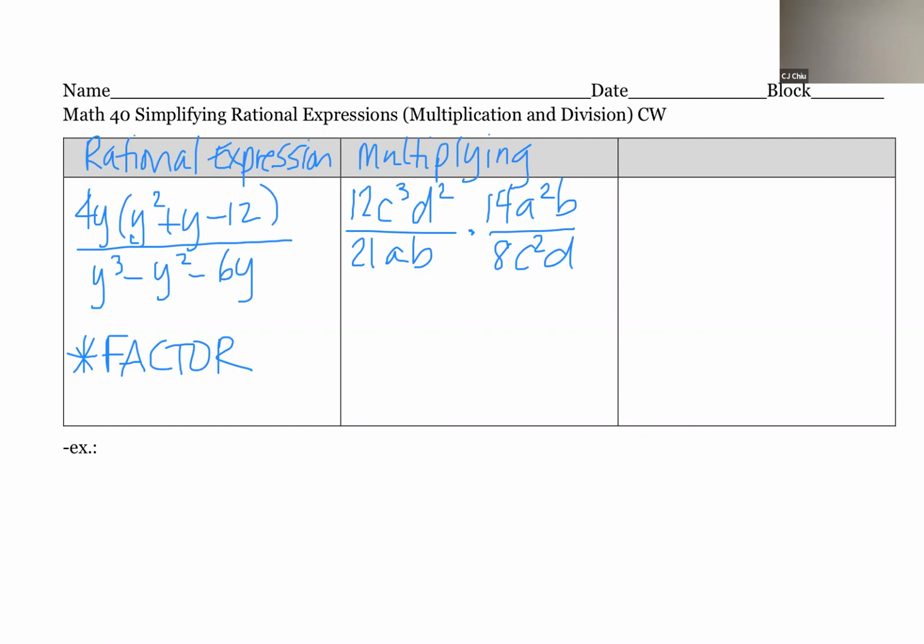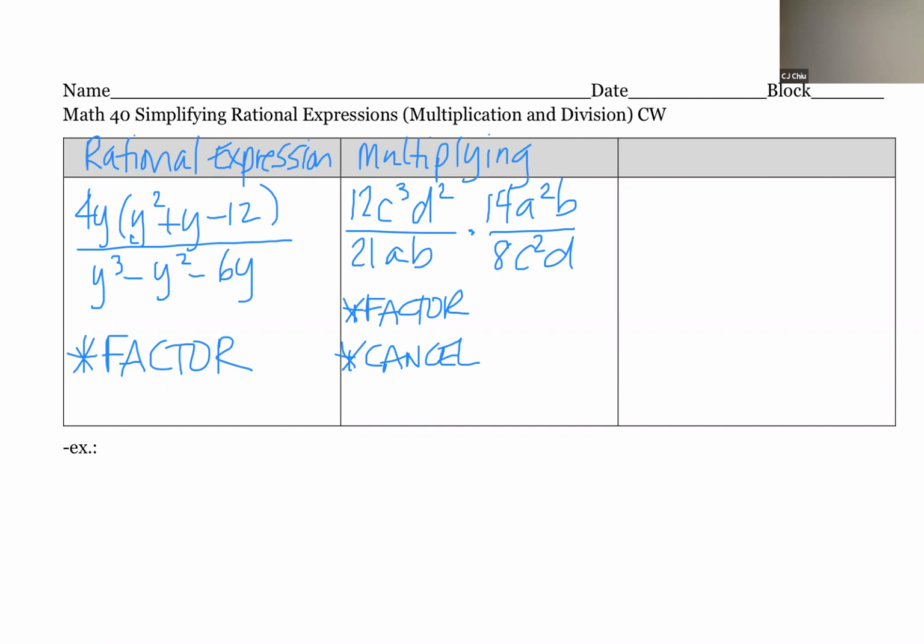Okay, so that's what that's going to look like. You can also get multiplication where you have to factor first, okay? So if you need to factor, you would factor. In this case, you don't, okay? What happens is you can cancel here right away because we don't have to factor.